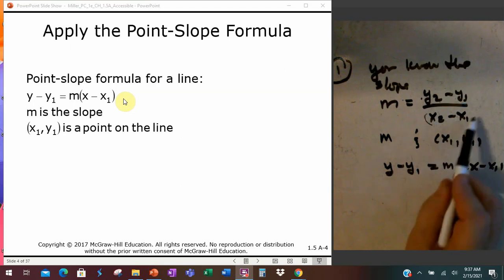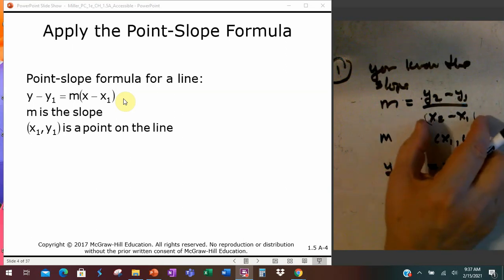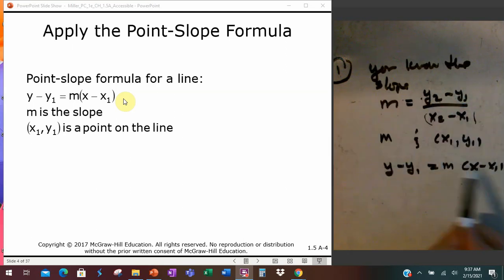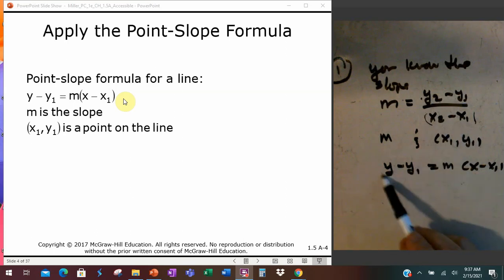All I'm kind of doing is solving, so multiplying both sides. And that gives me this, and then I'm just taking my x2 as any point, my y2 as any point, and I'm just saying those are just my x and y.